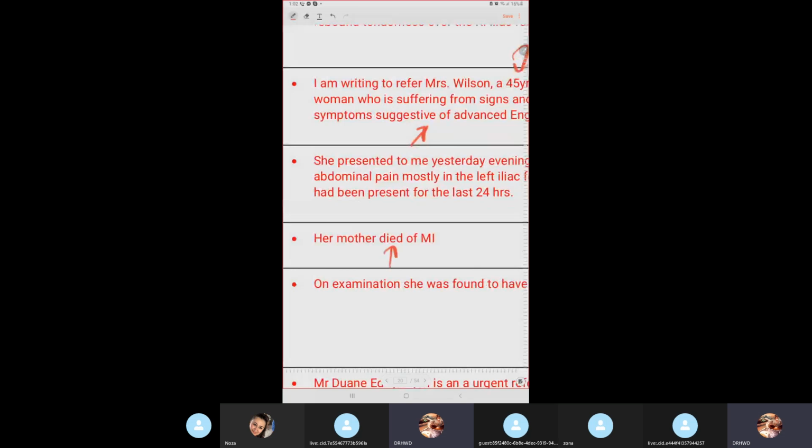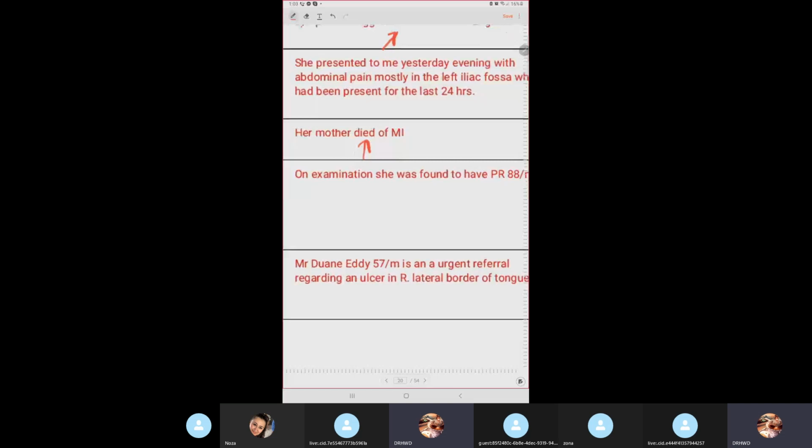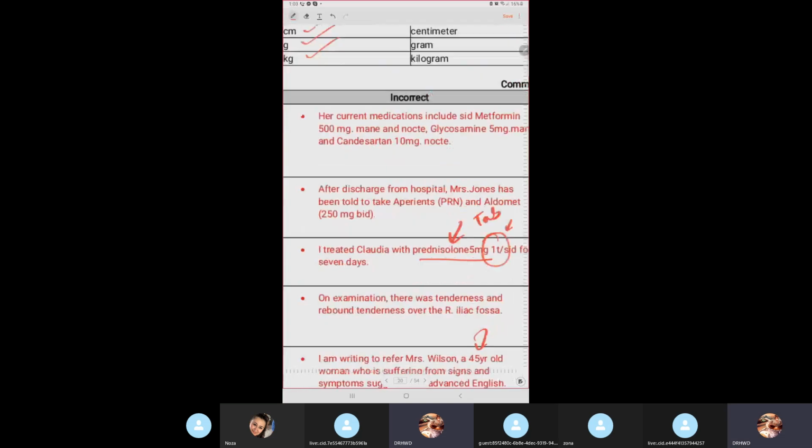Dr. Narjinder, this one. Her mother died of MI. It's myocardial infarction, so you'd write out the whole word. Right. Okay. Dr. Zona, I don't think we've done with you, right?